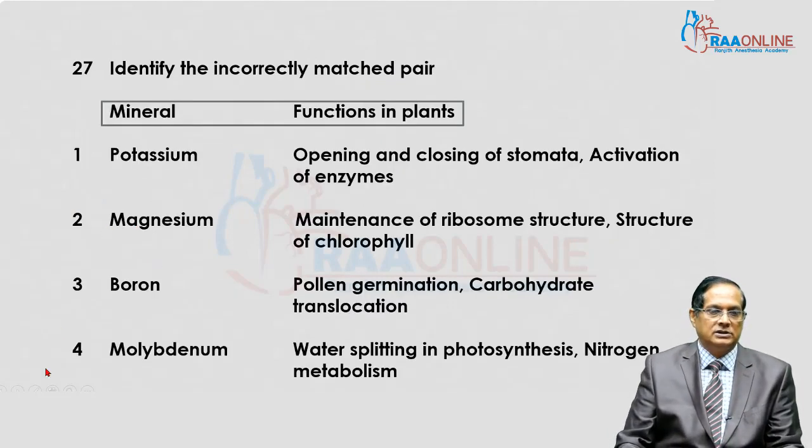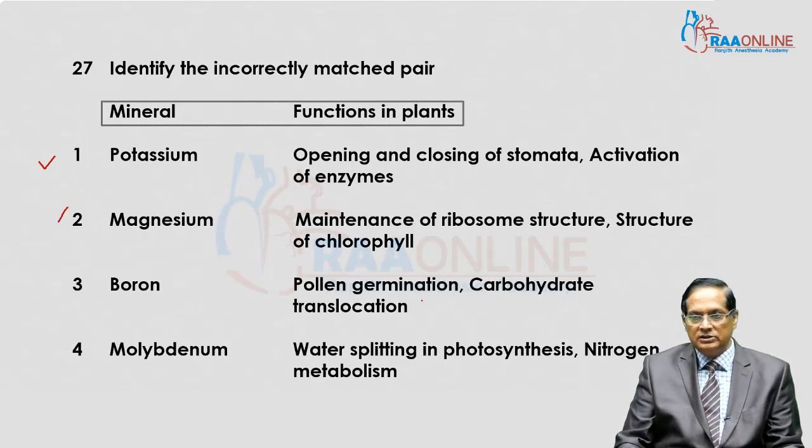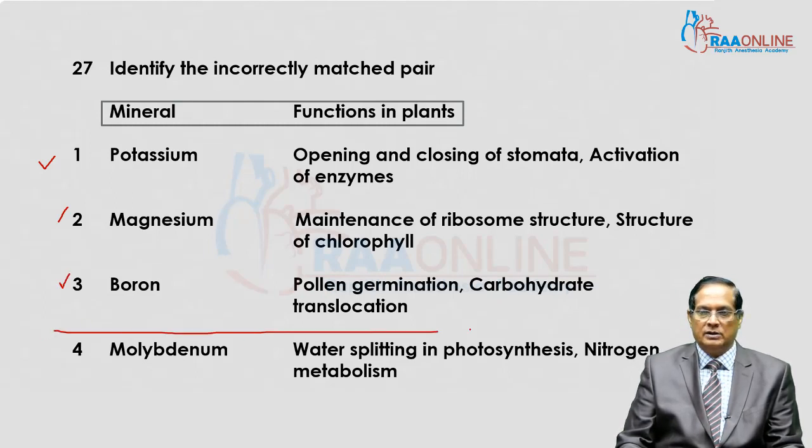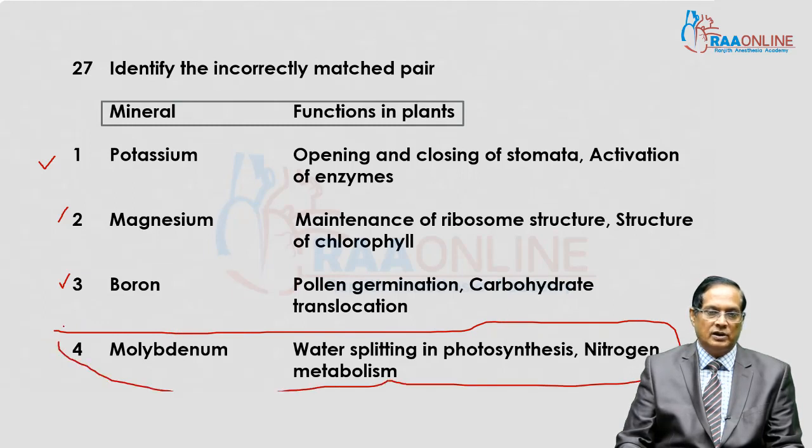Question number 27. Potassium opening and closing an enzyme activator, rightly matched. Magnesium maintains the ribosome structure and chlorophyll, right. Pollen germination and carbohydrate translocation, boron is right, but this is wrong. Molybdenum is not at all concerned with the photolysis of water.